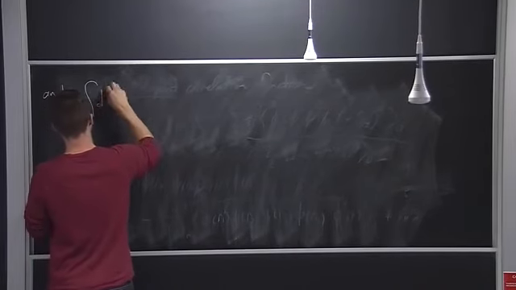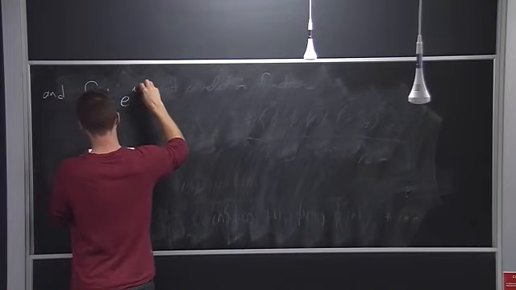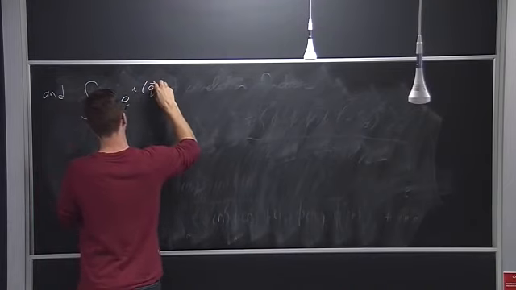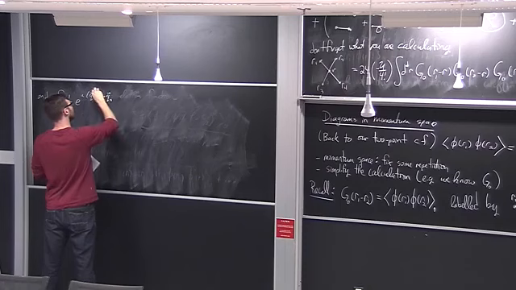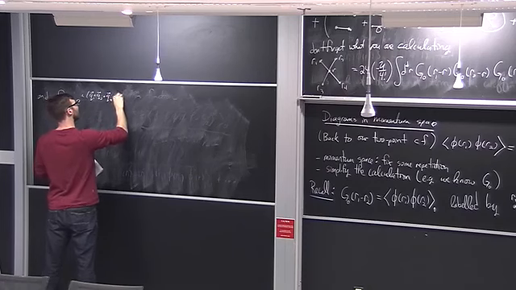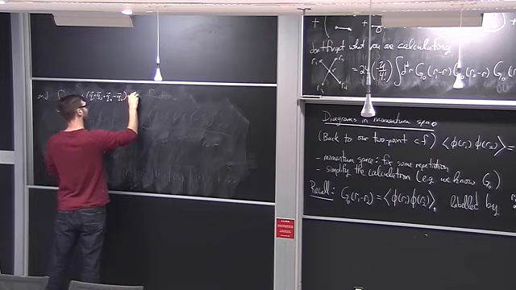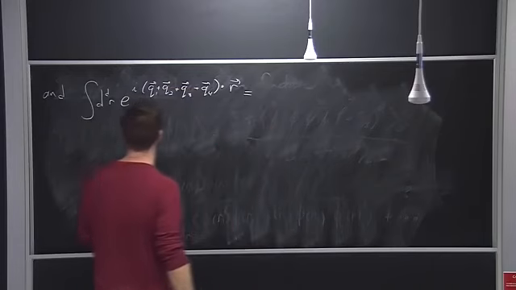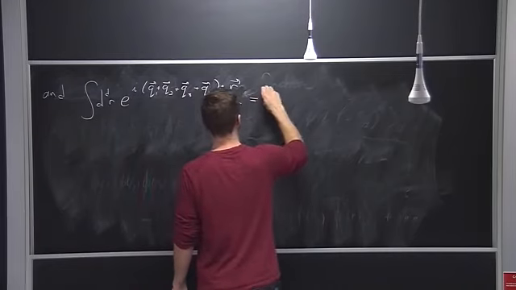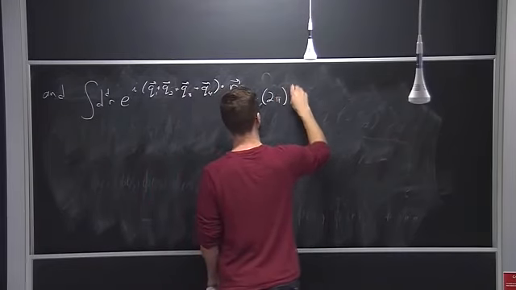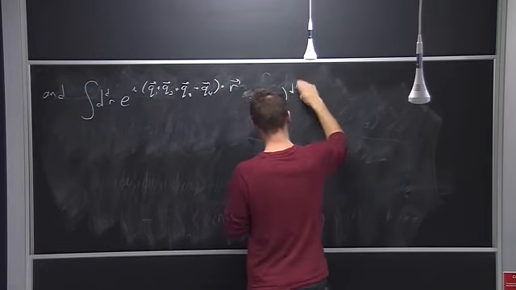Those conservation laws come from doing this integral. So there's some 2 pi's and a delta function.